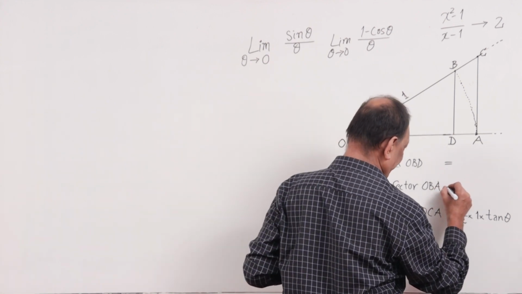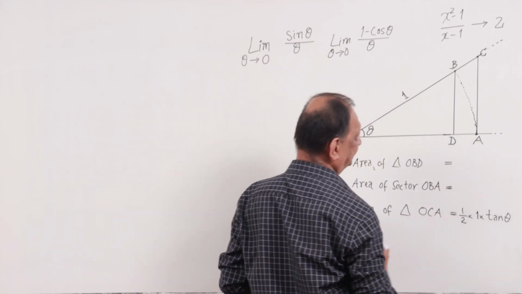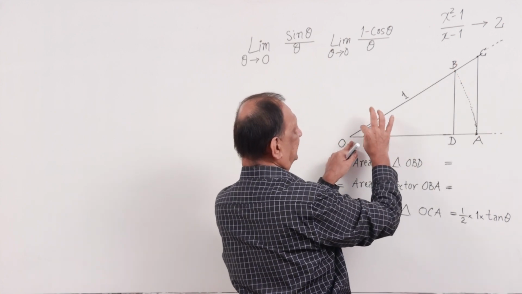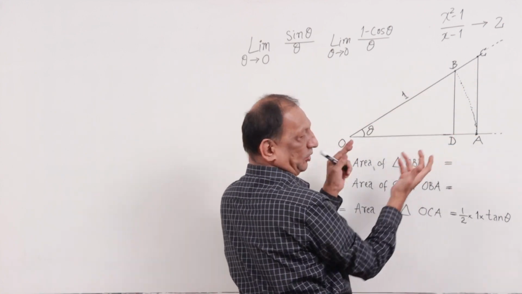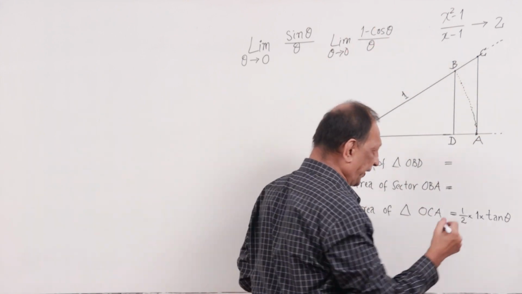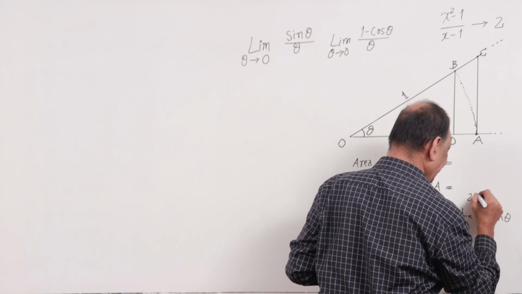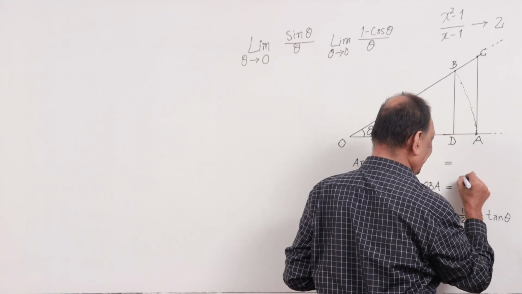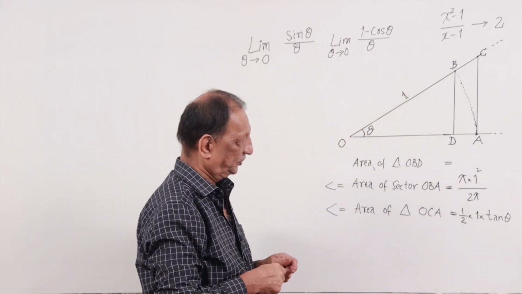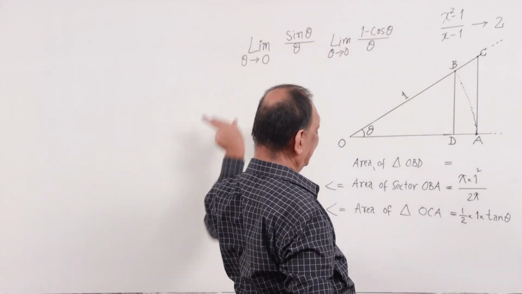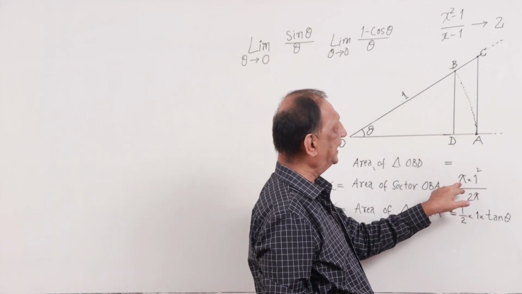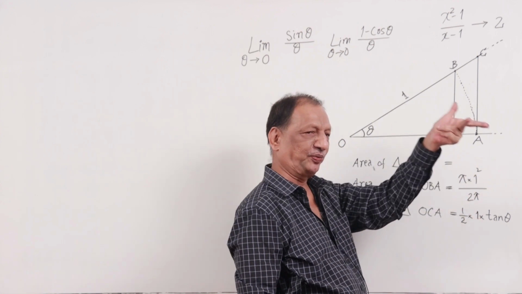What is the area of sector OBA? Sector OBA is the area of the sector subtended by the angle theta. How do I find out? For the entire circle, which has got an angle of 2 pi, what is the area I would get? Pi r square, correct? Pi into 1 square. R is, radius is 1 here. So, entire angle is 2 pi. For the entire angle, I get an area of pi into 1 square.